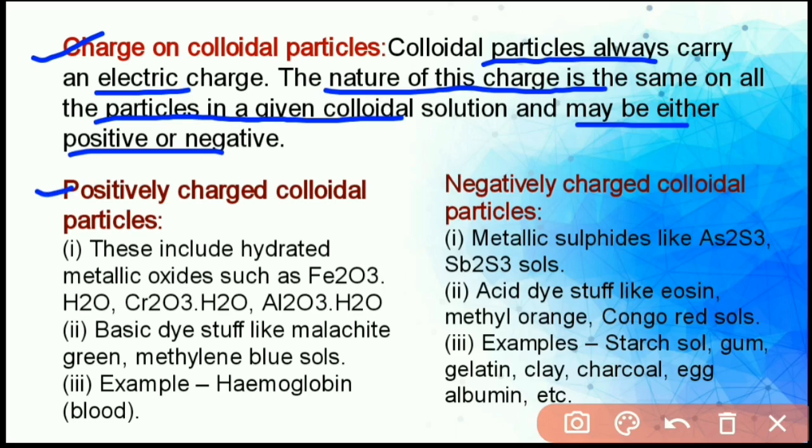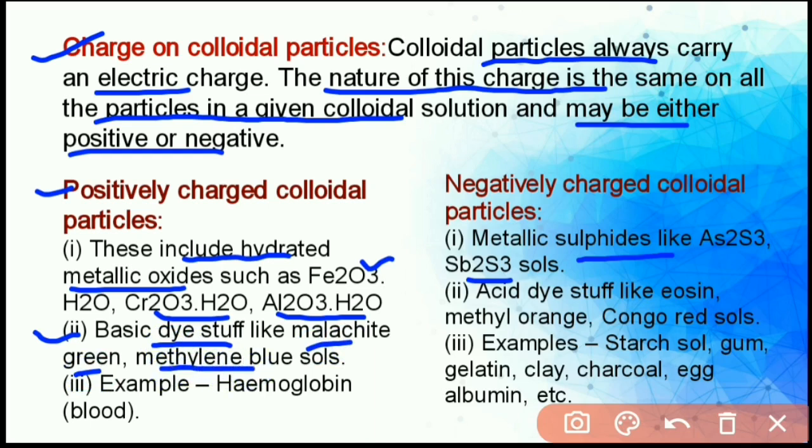Positively charged colloidal particles include hydrated metallic oxides such as ferric oxide dot water molecule, chromium oxide dot water molecule, aluminum oxide dot water molecule. But negatively charged colloidal particles include metallic sulfides like arsenic sulfide and antimony sulfide. Positively charged particles are also basic dye stuffs like malachite green and methylene blue sols.